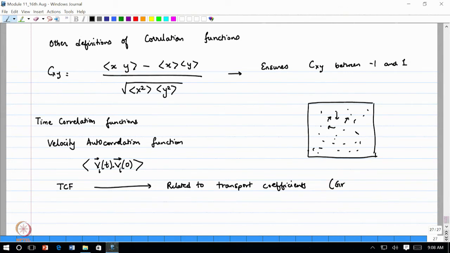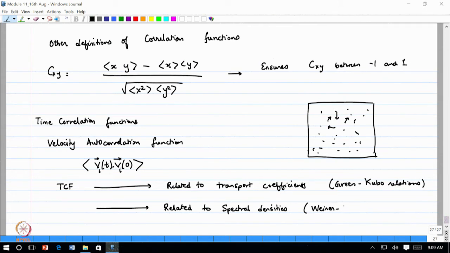This is what is called Green-Kubo relations. Okay. And also time correlation functions are related to spectral densities. This is what is called the Wiener-Khinchin theorem.